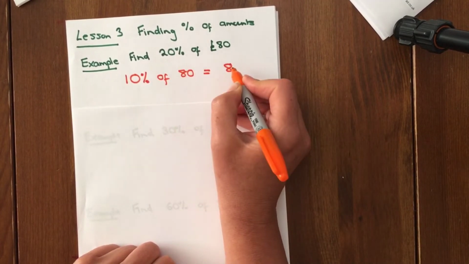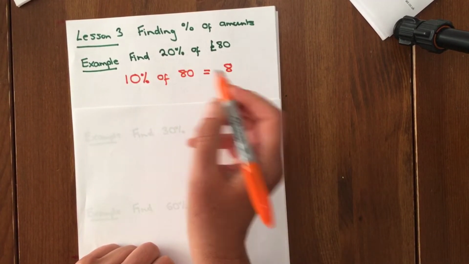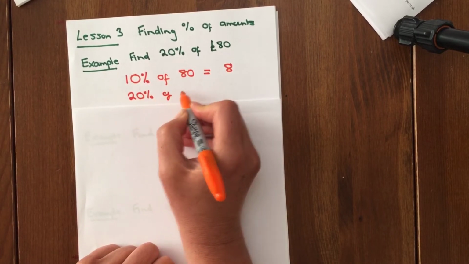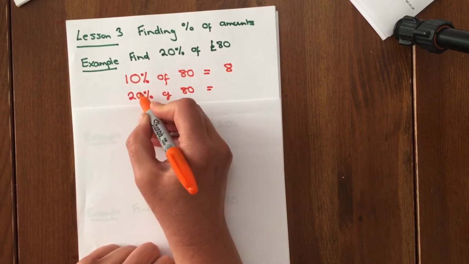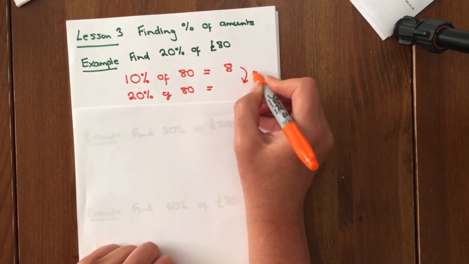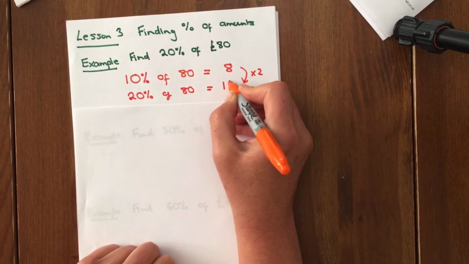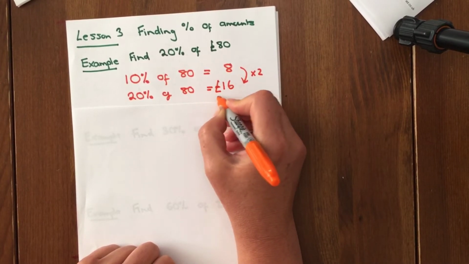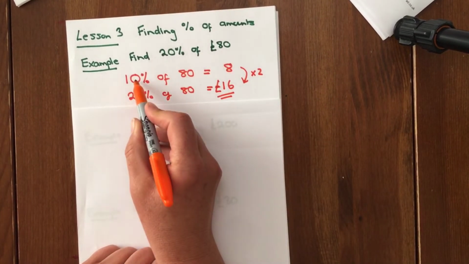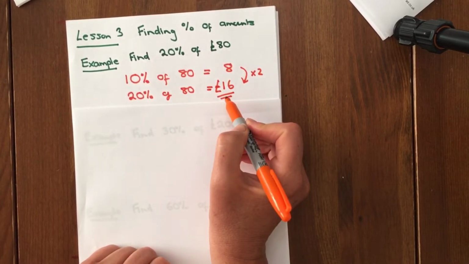Divide 80 by 10. Now, if I've got 10%, then I can find 20%, because 20% is just double 10%. So I'm just going to double 8 to get 16. So my answer will be £16 because 20% is 10% twice.